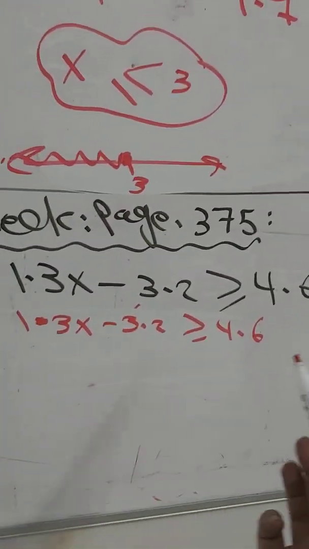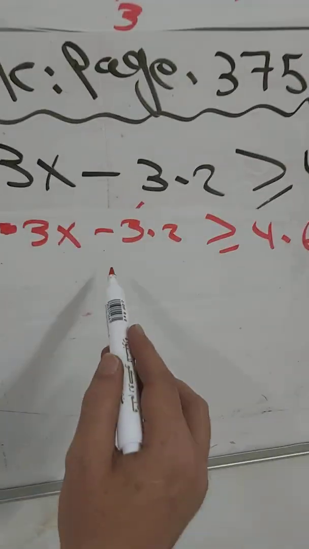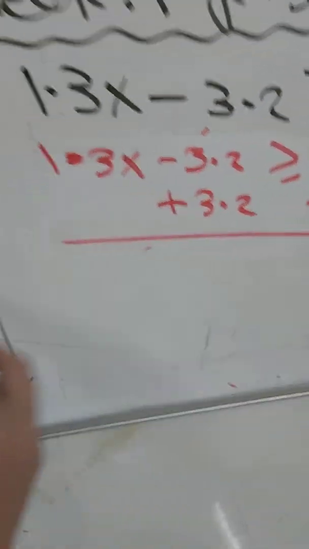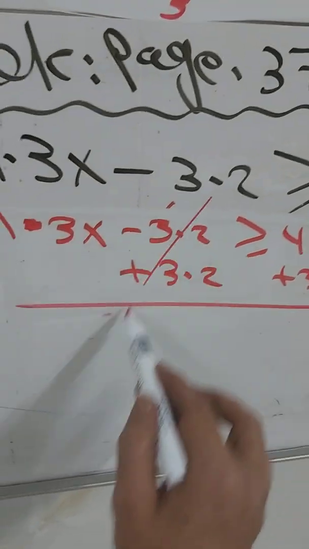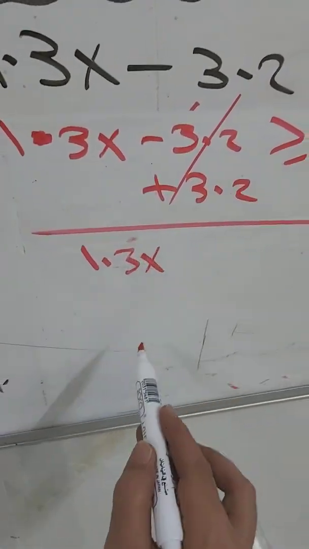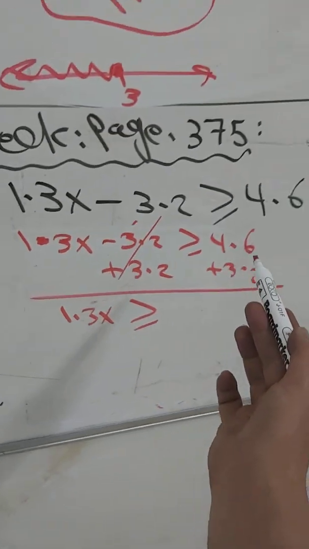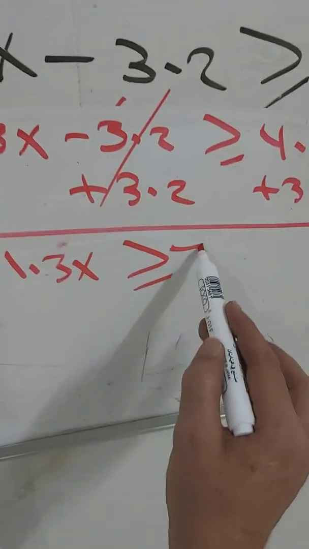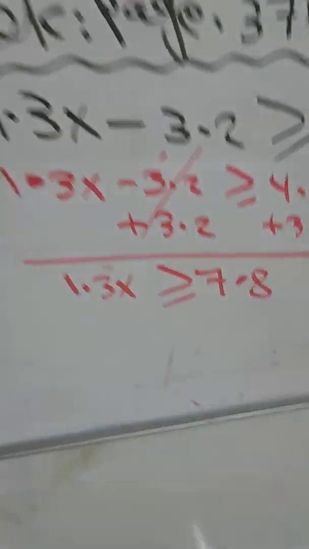Now I will add 3.2 on both sides. Negative 3.2 plus 3.2 are gone, still 1.3x more than or equal to 4.6 plus 3.2. This is 7.8.